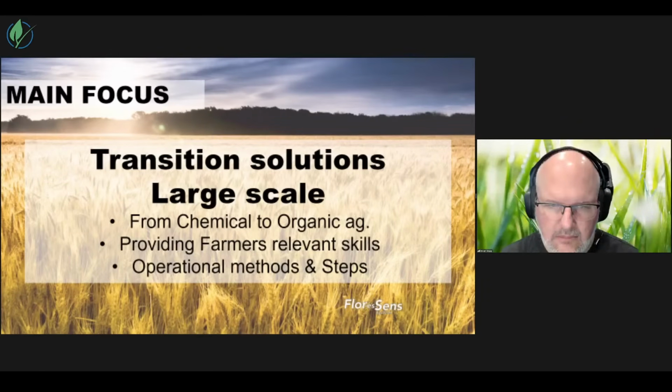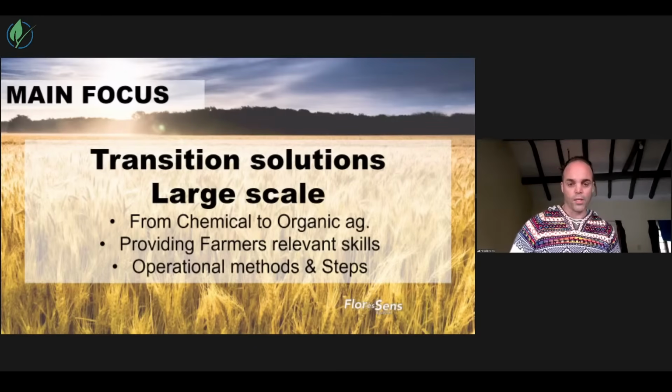So yes, we are focusing on large scale because we realized that when we talk about regenerative agriculture and soil health, the bulk of the work is to be done, at least from our perspective, at large scale.